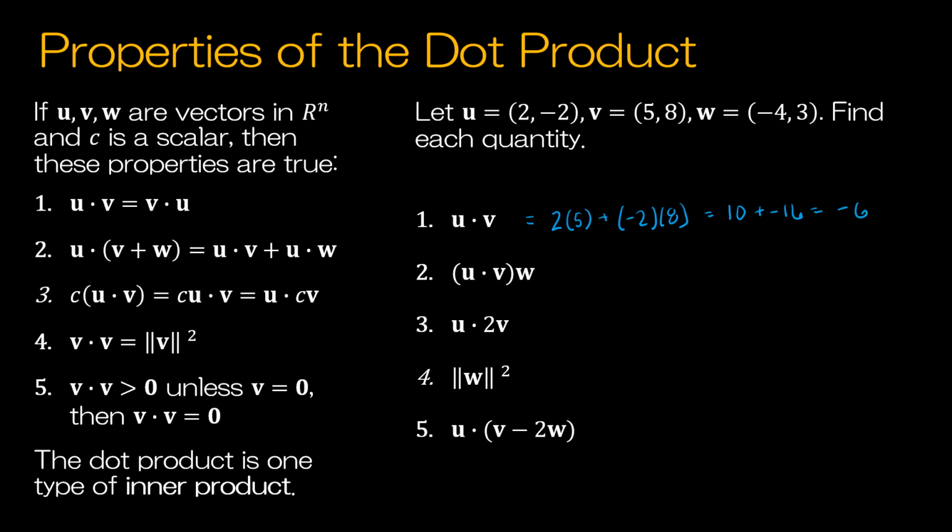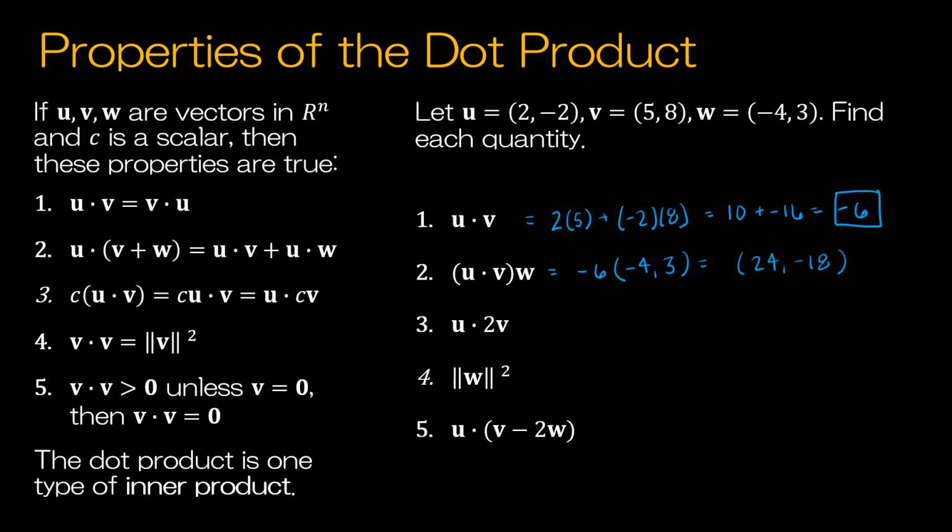The second says u dot v times w, but good news is I already know that u dot v from this question is negative 6. So I'm going to use negative 6 times w, which is negative 4, 3. And so this one is not going to be a scalar. This is going to be a vector, and that's going to be positive 24, negative 18.